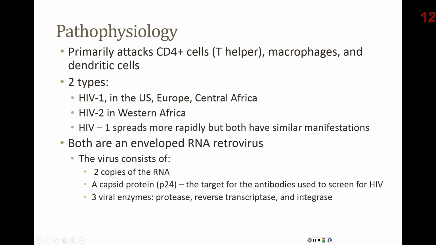Integrase allows it to go inside the nucleus, and then inside the nucleus, we have transcription of the viral DNA to form viral messenger RNA, and now we can make new viruses because we've taken over the DNA of that cell, making messenger RNA. Now it can make a copy of itself, and so it's ready to go out and make new viruses.